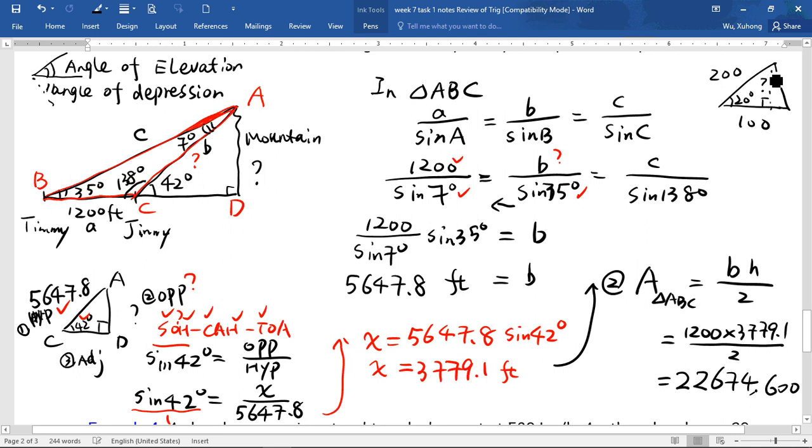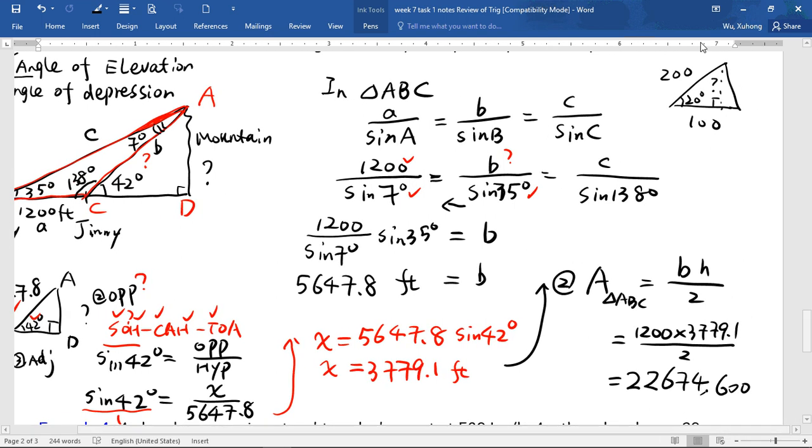To find the height, use opposite over hypotenuse equals sine, so you will have 200 times sine 20. This is a question that will be on the data math. So find the height using SOH-CAH-TOA, then multiply the height with the base and divide by 2, and you are able to find the area. Area equals base times height divided by 2. This is how you find the area.